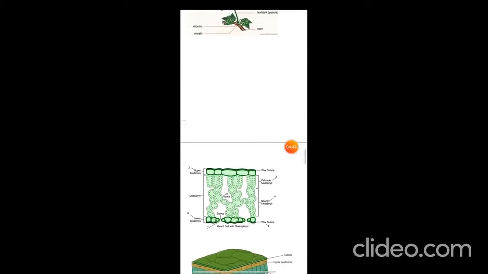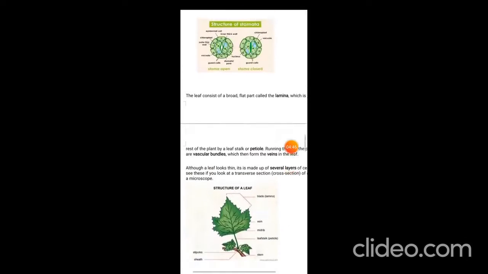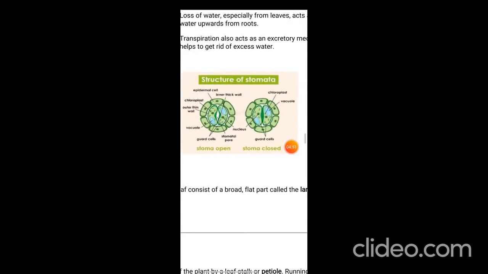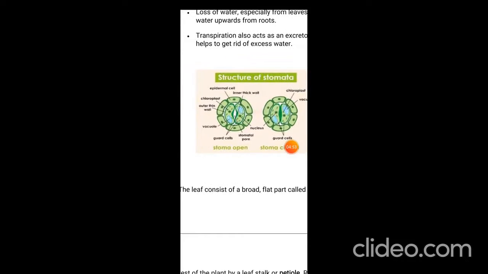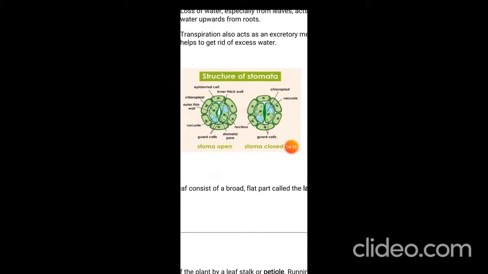And when you see the structure of a stomata, we can see like this. It is guarded very specially, because this is the entry point through which water and carbon dioxide enter. Then water and oxygen move out. So this should be guarded very properly.